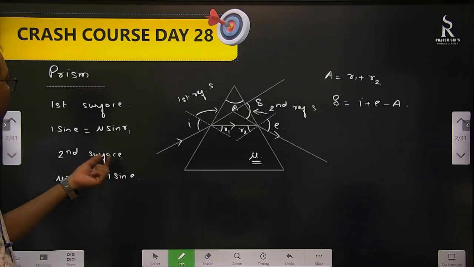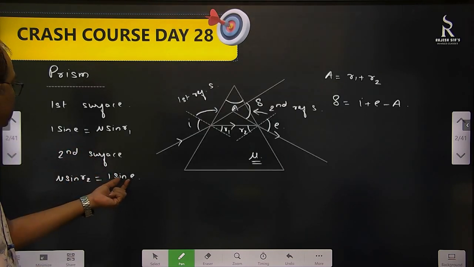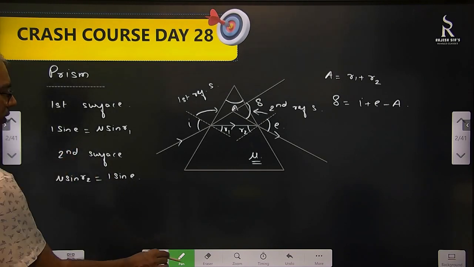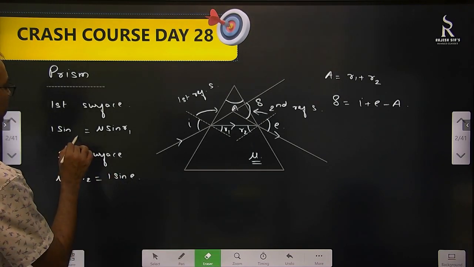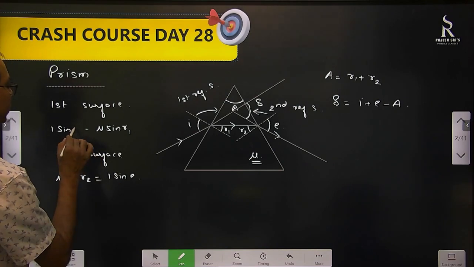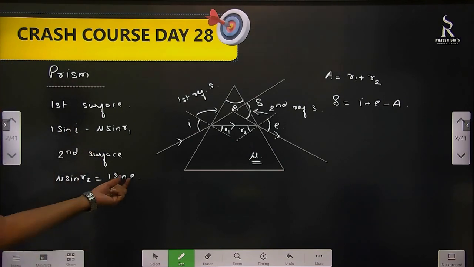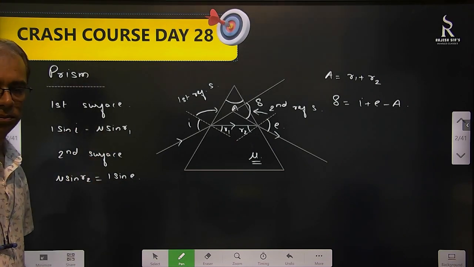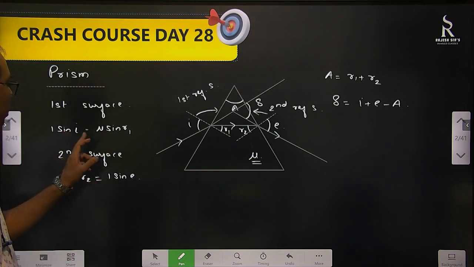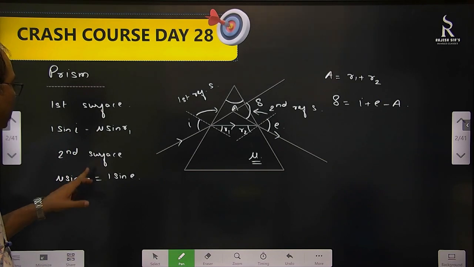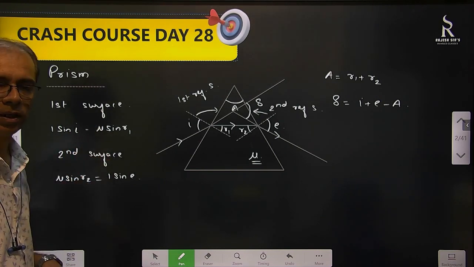If E and I are equal, then R1 and R2 will also be equal. Because if this and this are equal, we will say mu sin R1 equal to mu sin R2, mu gets cancelled. That is R1 equal to R2.